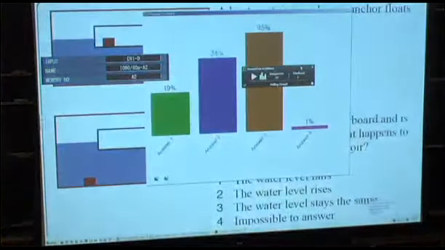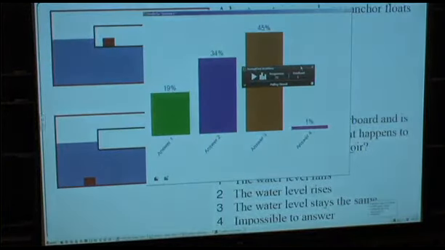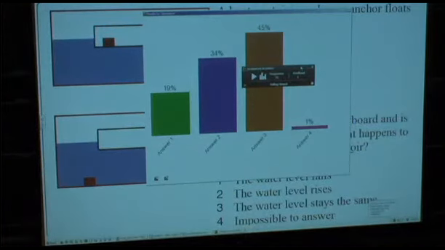That was the most popular answer, which is wrong. The water level rises, which is wrong. And, well, turns out, yeah, that's about right. How many people? Well, I assume because that's wrong, that's wrong, that's wrong, that's supposed to be the correct.